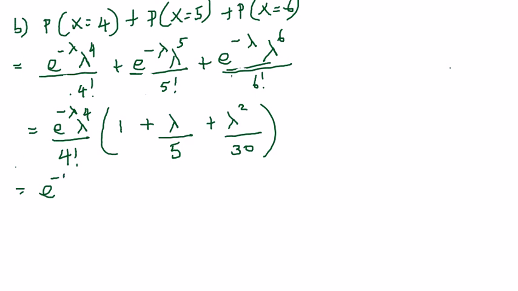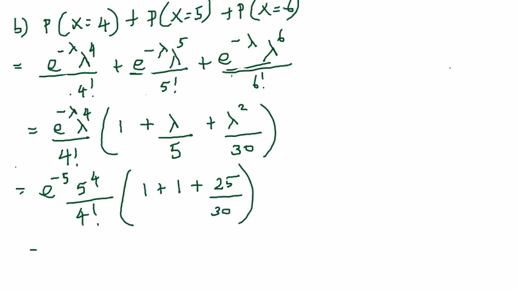So e power minus 5, 5 power 4 by 4 factorial into 1 plus 5 by 5, which is again 1, plus lambda squared by 30, which is 5 fives are 25, 25 by 30. So it's going to be e power minus 5 into 5 power 4 by 4 factorial into 2 plus 25 by 30.